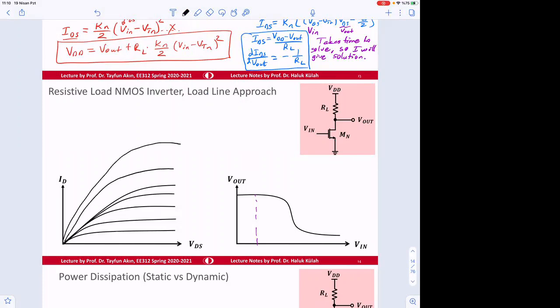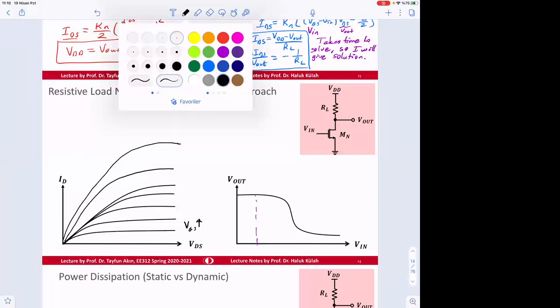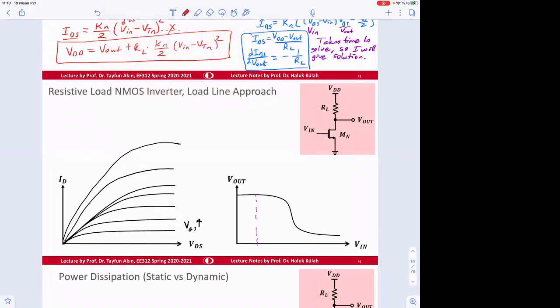For different gate to source voltages, we obtain different values here, and the load line is going to be determined here. So this is for VDD, and this one is VDD divided by RL.